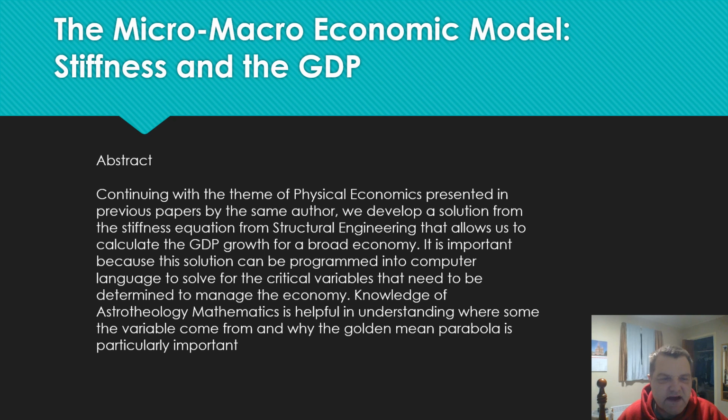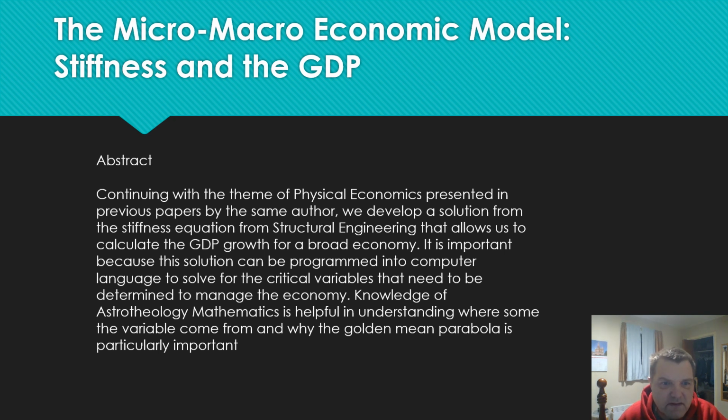This next paper is called the macroeconomic model, stiffness in the GDP. The abstract for this part is continuing with the theme of physical economics presented in the previous papers. We develop a solution from the stiffness equation from structural engineering, a branch of civil engineering, that allows us to calculate the GDP growth for a broad economy.